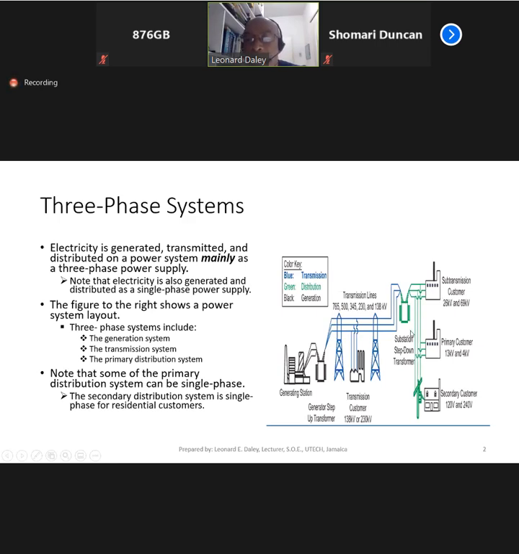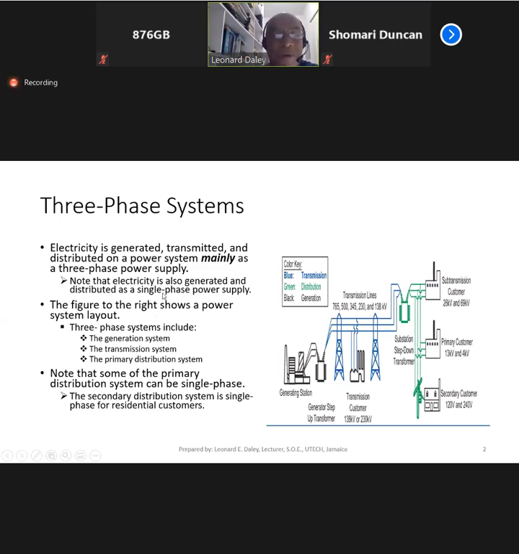At the primary distribution, there's also three-phase, so them in green over here, right? And then at the secondary now, we have single phase, right? So all of that is stated here. So electricity is generated, transmitted, and distributed on a power system mainly as a three-phase power supply, right?